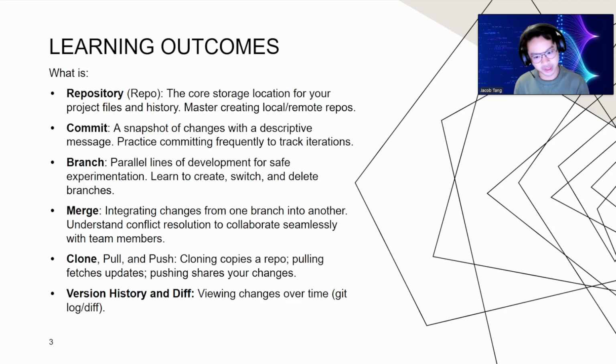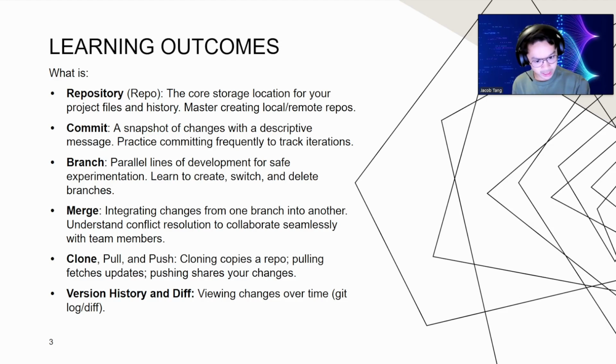Branches, so much like a tree where the trunk is the main code, the working code, you can have branches that are experimental versions of some feature, for instance, and we'll learn how to create those experimental features, those branches. We'll learn how to switch them, and we'll learn how to delete those branches. Next, merging.